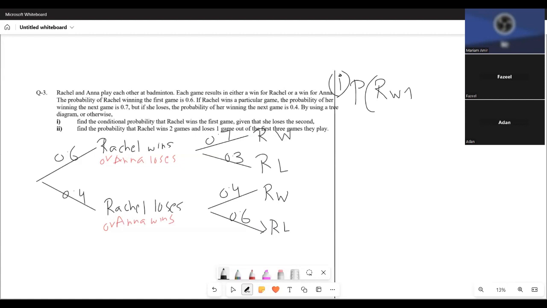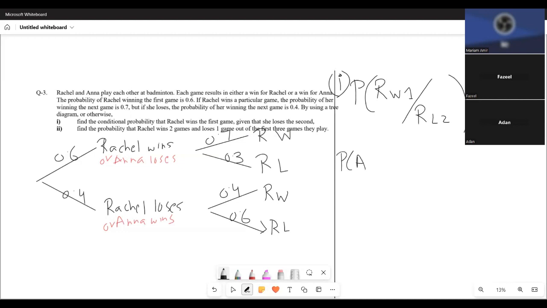Rachel wins the first game given she loses the second game. Okay. So conditional probability का formula क्या होता था?